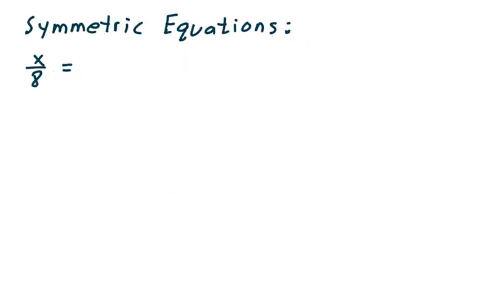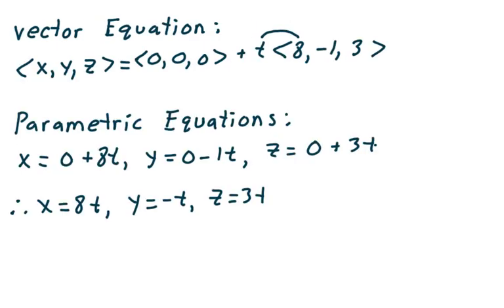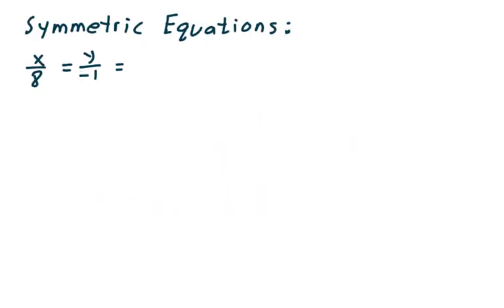But if you don't mind, I'm going to write y over negative 1. And then for the last one, t equals z over 3. And that's how we do the symmetric equations. So we got the vector equation, parametric equations, symmetric equation.